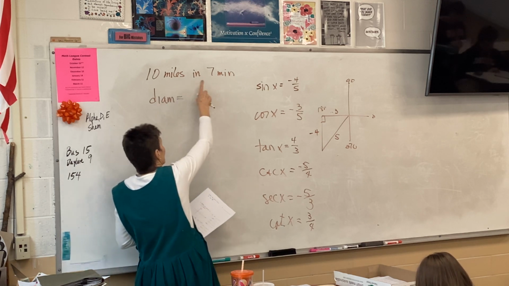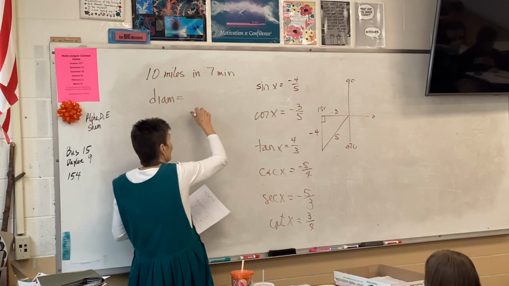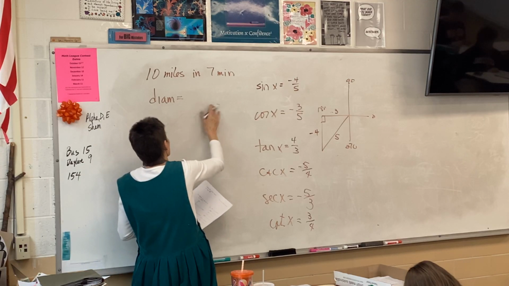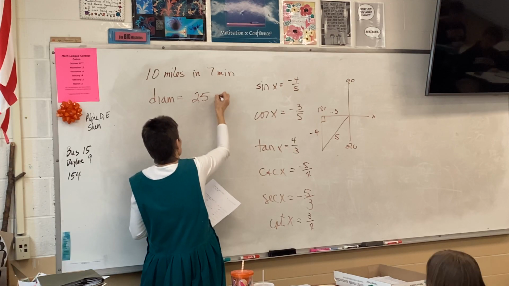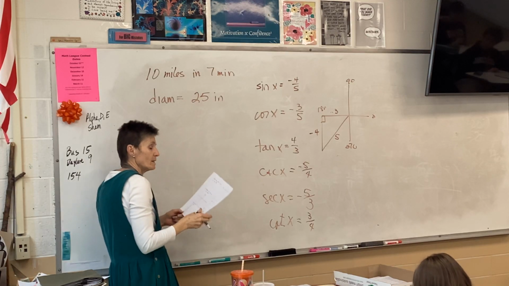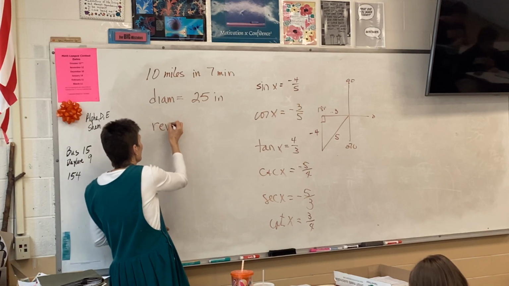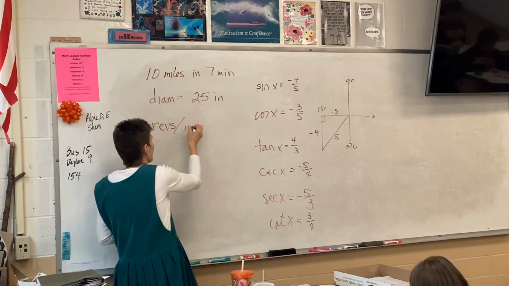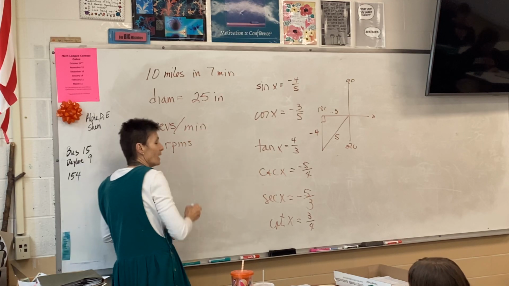I go 10 miles in 7 minutes. The diameter of my wheels is, let's say, 25 inches. I want to know revolutions per minute, otherwise known as RPMs, okay?